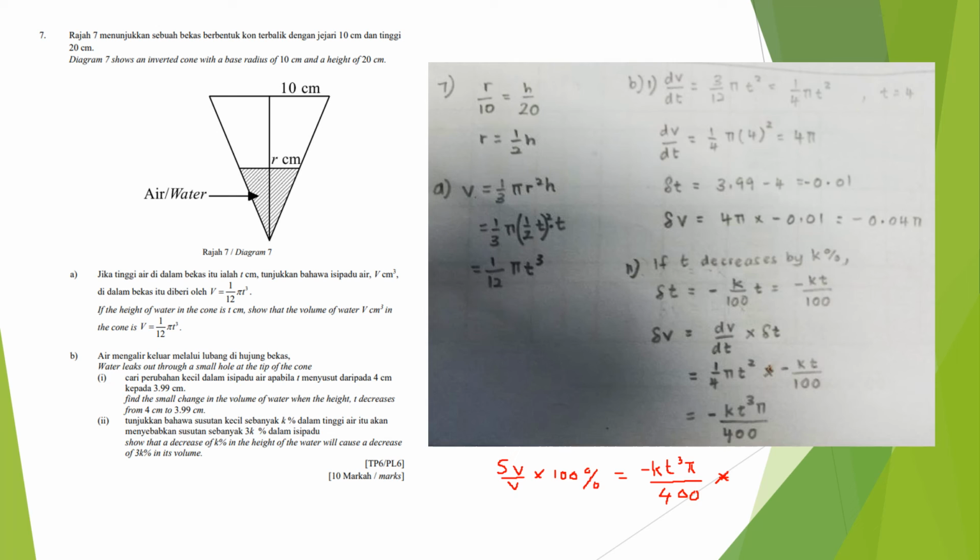So what is our V? V is pi t cube over 12. So I change it, it becomes 12 over pi t cube, and don't forget to multiply with 100%.